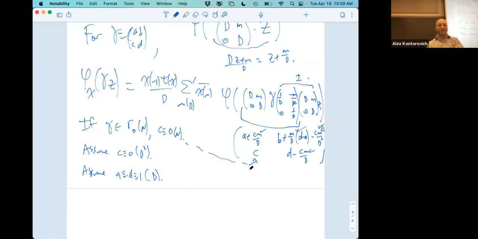And now this whole thing, if we assume that this gamma came from gamma naught of n d squared intersect gamma 1 of d, that would be enough. Gamma 1 of d will guarantee that C is 0 mod d, it's already 0 mod d squared, and that A and D are 1 mod d. So this is certainly a congruence group. If gamma is in this congruence group, then this whole thing is in gamma naught n.